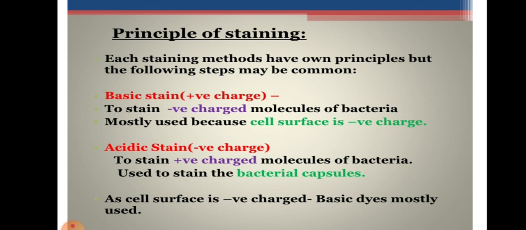Acidic stains are negatively charged and they stain positively charged molecules of the bacterium and are used to stain the bacterial capsules. As the bacterial surface is negatively charged, basic dyes are mostly used for staining purposes.